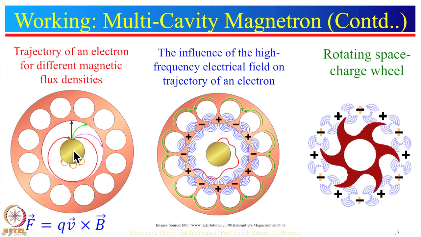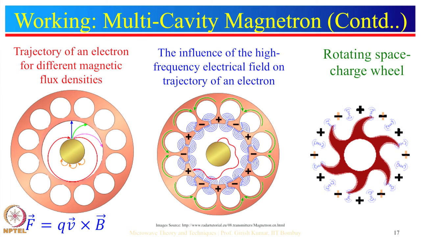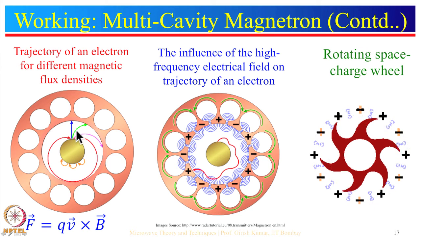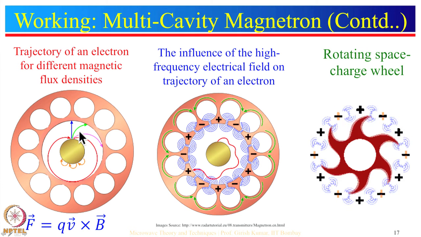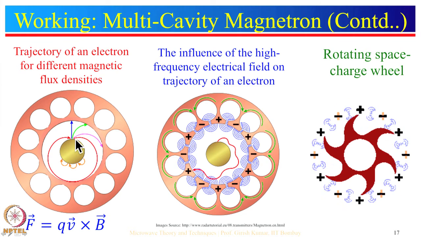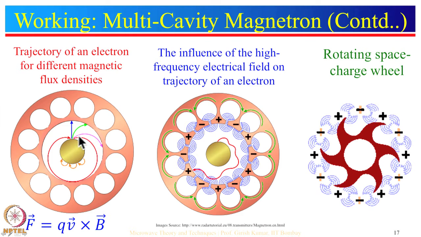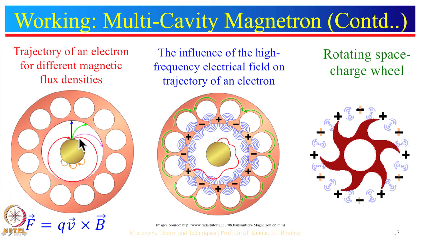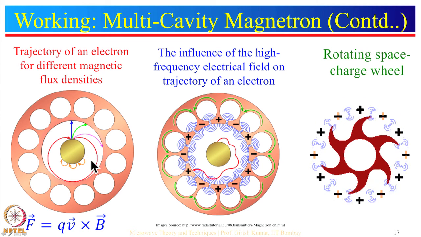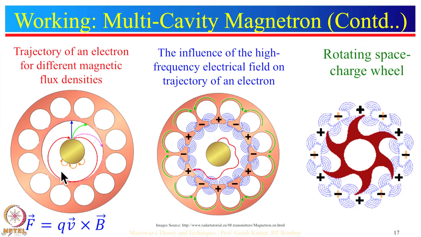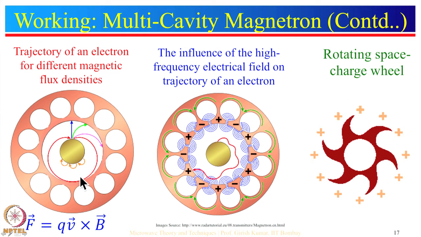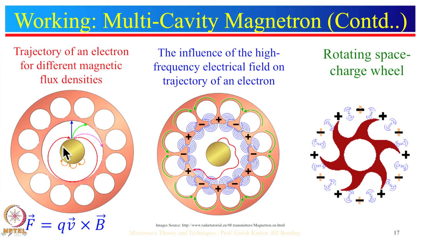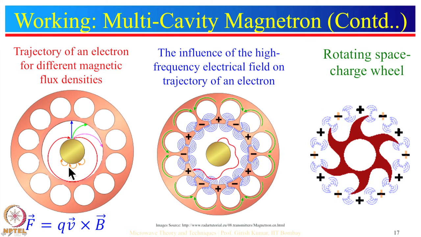Now, if a weak magnetic field is applied, then the resultant force on the electron will be in this direction, so the electron will move in this path. If we increase the magnetic field strength, the path of the electron will be bent more, and if we increase it further, then at one point the electron will be deflected from the anode and will return to the cathode, and at this point there will be no current in the tube.